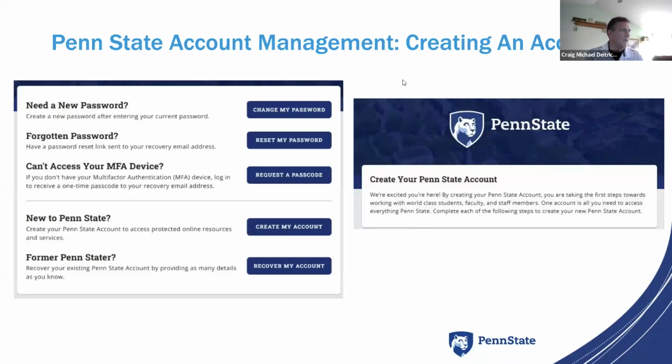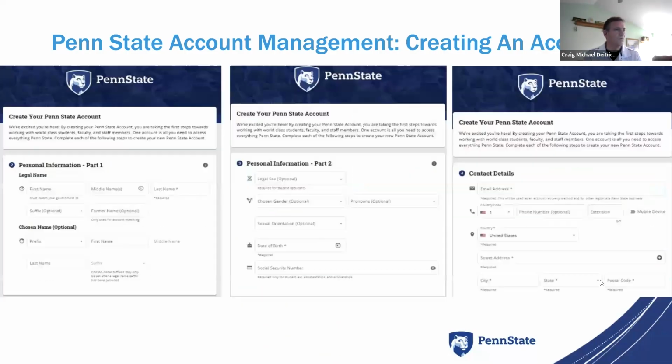If you would need to create the account and log into the account management system, this is what it would look like. You have choices for lots of different options there. If you're brand new to Penn State and need to set it up, you want to select obviously this one down here at the bottom of the page. Once you create that account, it's going to ask you for 3 different things. You have to type in your legal name. Again, you want to type it in exactly as it appears on your Social Security card.